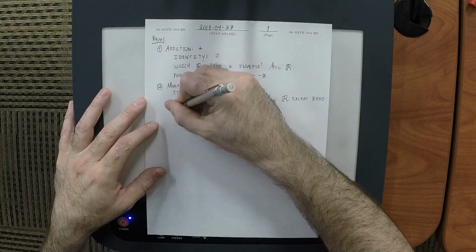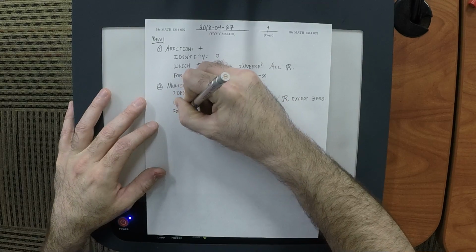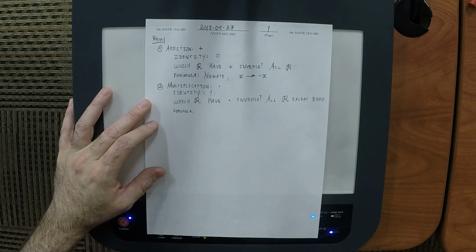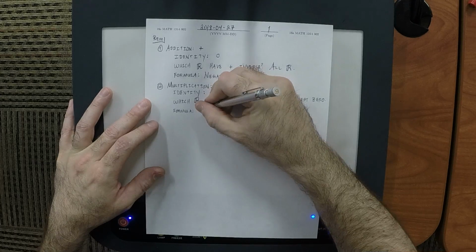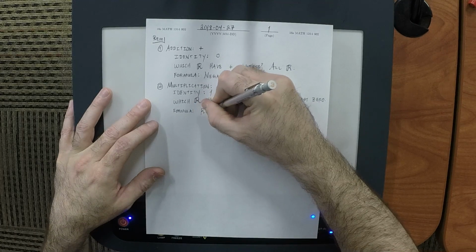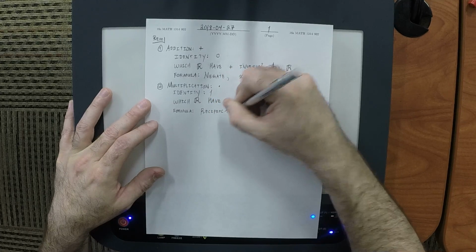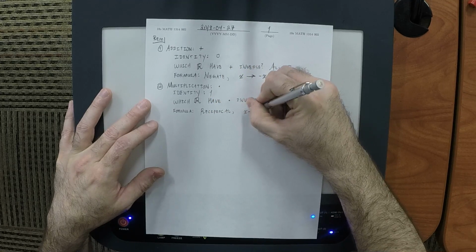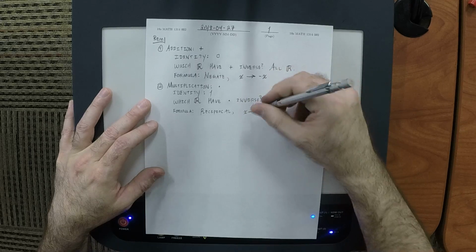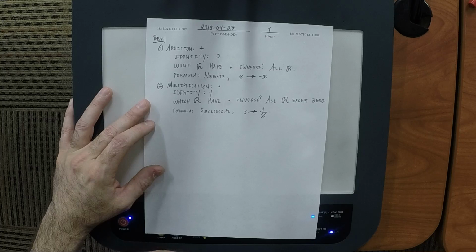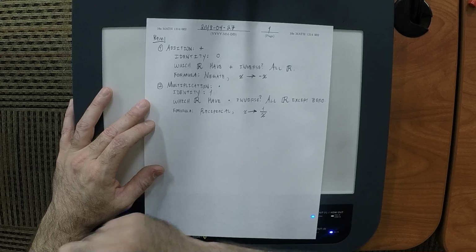So then, if we have a non-zero x, what is the formula for its multiplicative inverse? Reciprocal. Which is to say that whatever x you're given, the multiplicative inverse is 1 over x. And of course, 1 over x is only defined when x is non-zero.